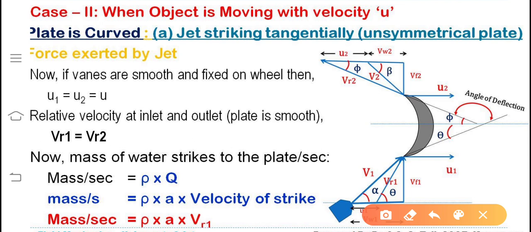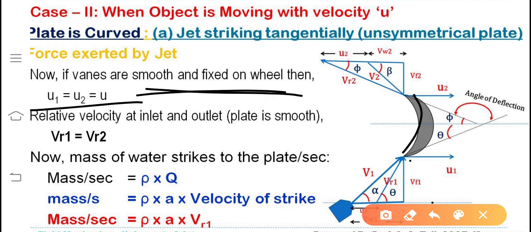If the vanes are not smooth, then we have to take Vr2 equal to K multiplied by Vr1. Whatever the equation we get for Vr1, we have to multiply it by coefficient K. So that factor will take care of the non-smoothness. If it is smooth, Vr1 is equal to Vr2, u1 is equal to u2. That means whatever the velocity with which it was striking the blade, while leaving also with the same velocity it leaves the vane after it has glided over the vane. That is the meaning of smooth.